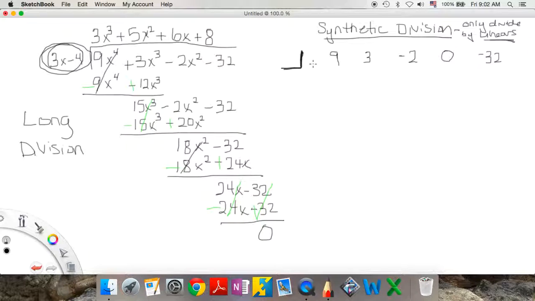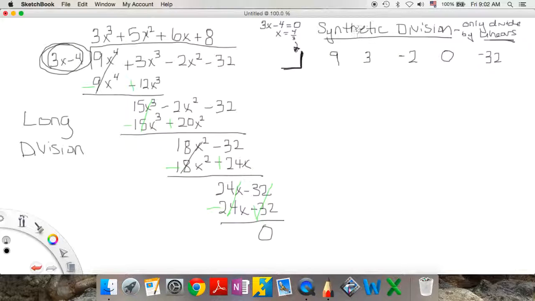Here I lined up all my coefficients. This one you're not lining up your coefficient. What you do is you set your linear term equal to 0 and solve that, and that's the number that goes here. So when you solve this, you get x is 4/3. And that is the number that goes in this box here.